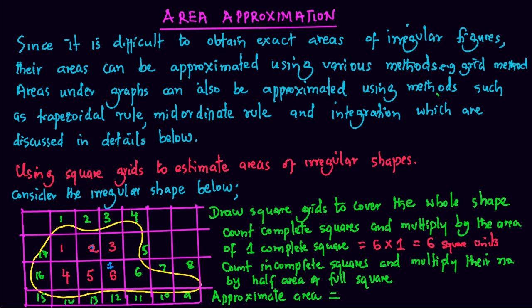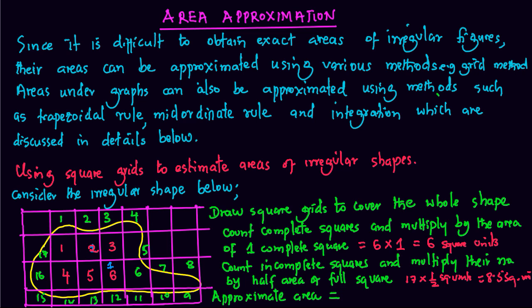So the number of incomplete squares in our case are 17 times a half square units, and that gives us 8.5 square units.